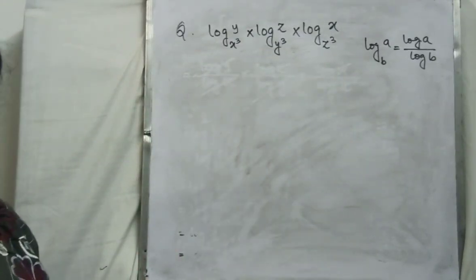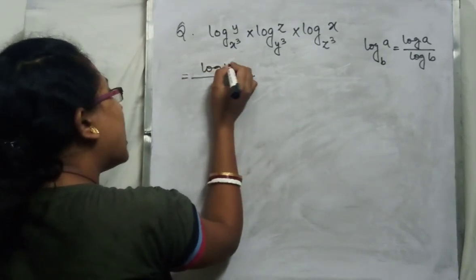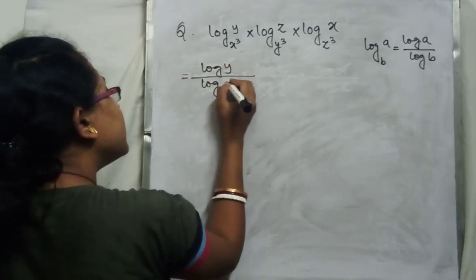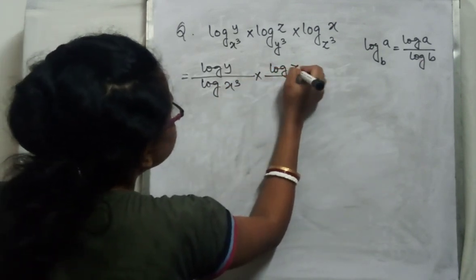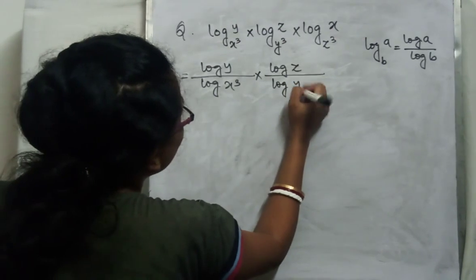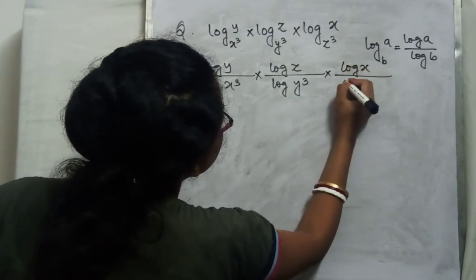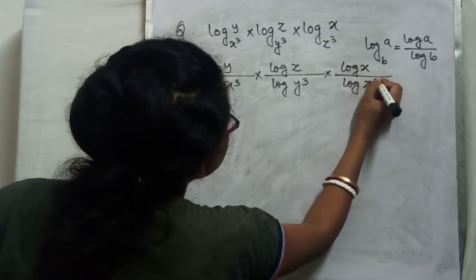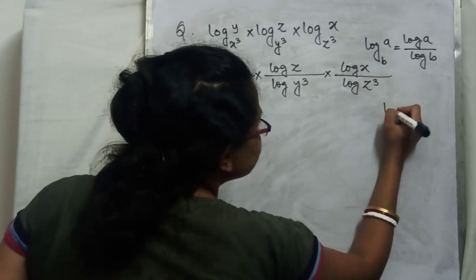You also use this formula here: log y by log x cube into log z by log y cube into log x by log z cube.